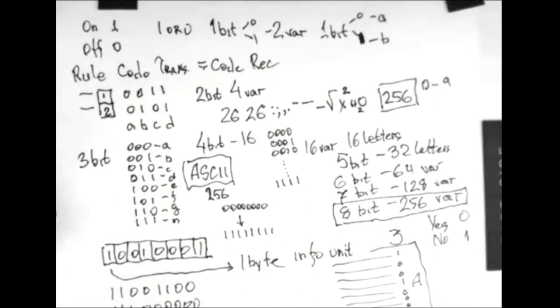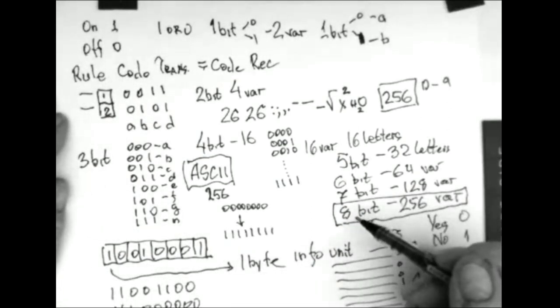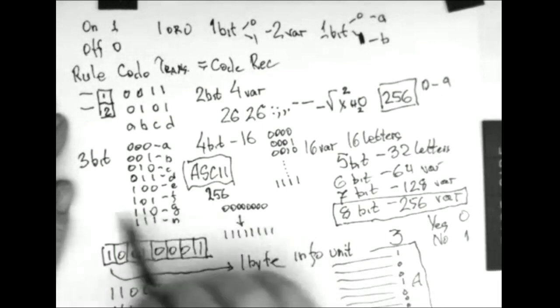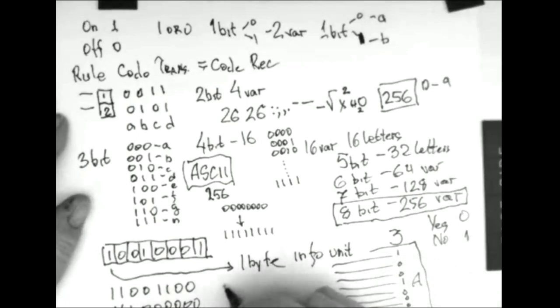So folks, the last thing for today's session. I would like to tell you a formula that allows you to calculate how many variations we will have if we have a certain number of bits in the code. Q, quantity of combinations, is 2 to the power of n, where n is the number of bits. Definitely 2, because we have only 2 digits, 0 and 1.